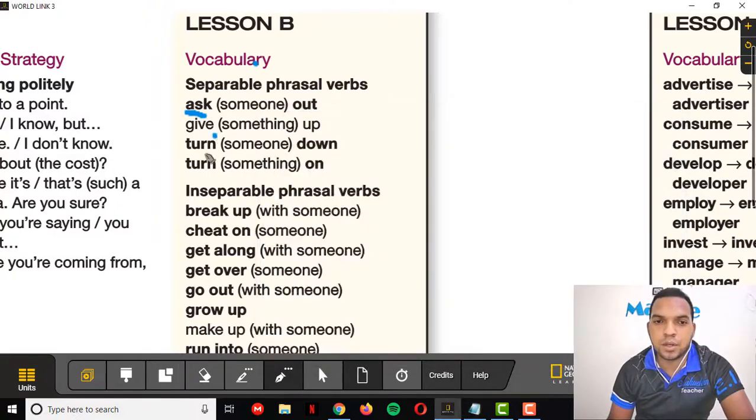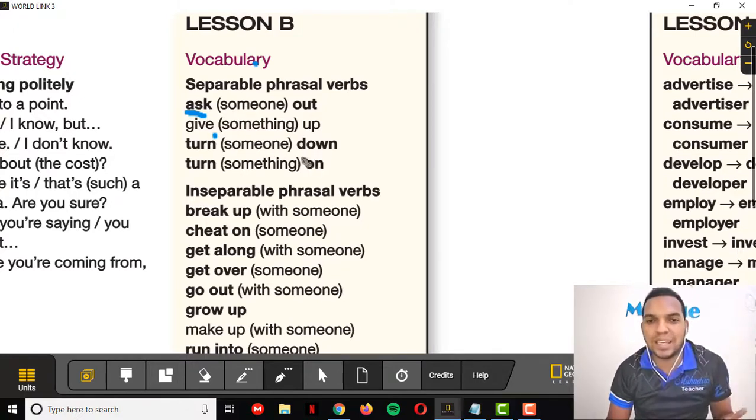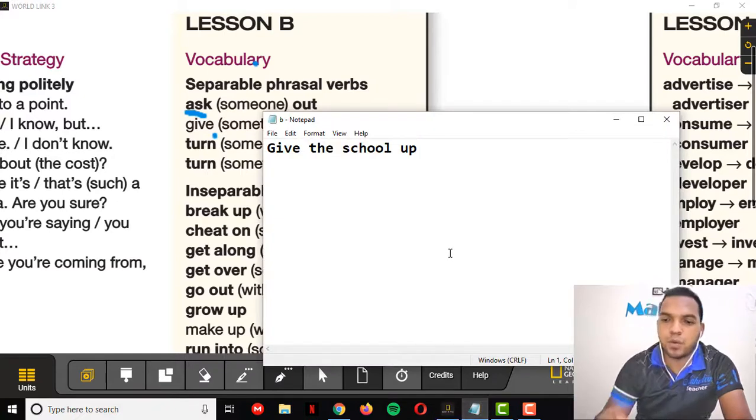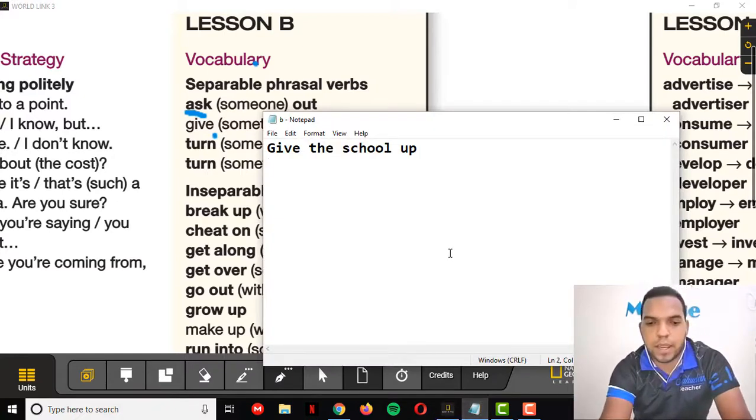The other one is turn someone down. When you turn someone down, it's like you decline a request. If I invite you to go with me to a place, you can turn it down.